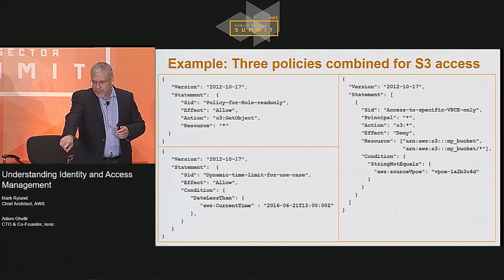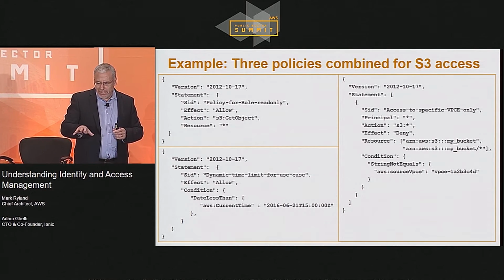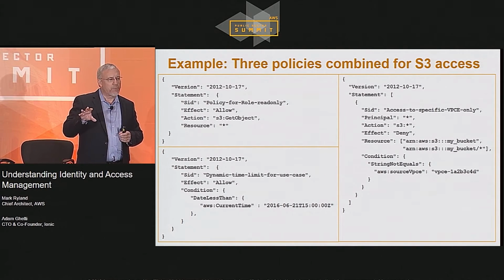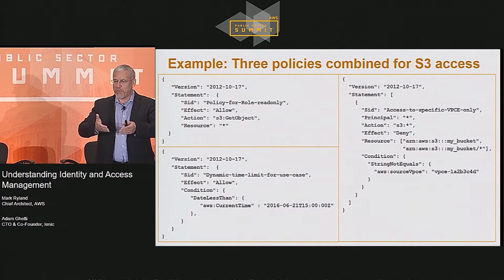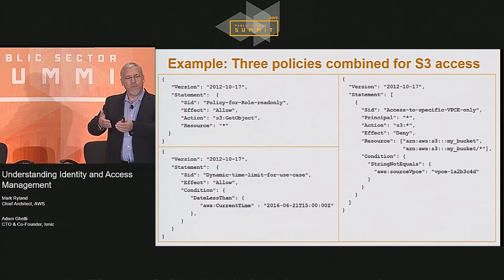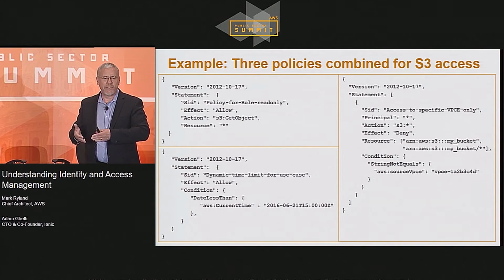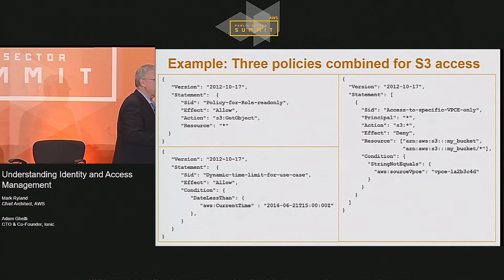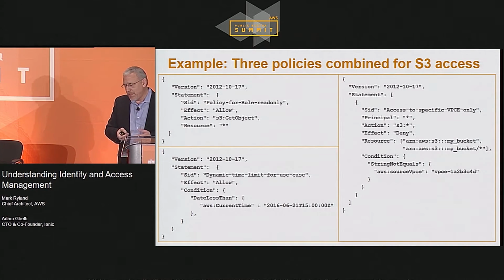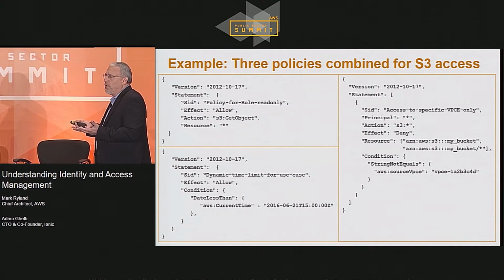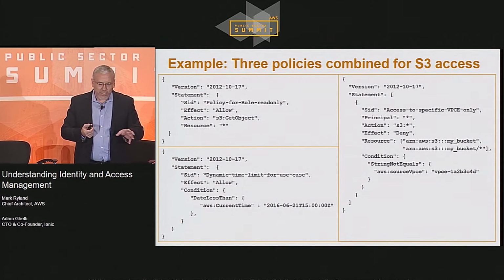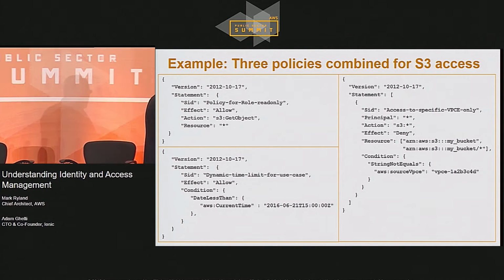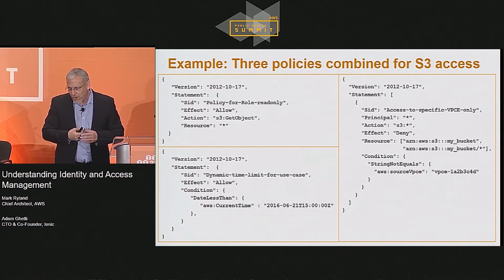Now you can write a principal instead of star, and notice that on the policy on the left, there's no principal written out. It's because the principal is implicit. The principal is the principal that the policy is associated with. In a resource-based policy, you have to explicitly say principals, or you can say principal star, but you have to have something there because the resource doesn't know who the principal is going to be when this access decision is made. And then finally, in the lower left is a temporary token policy, which I've kind of artificially created.